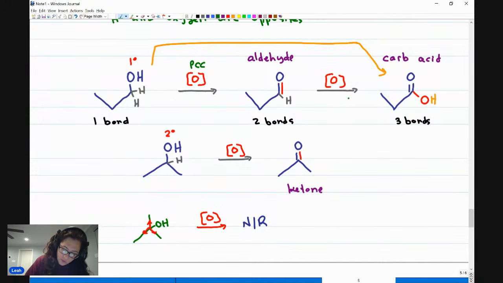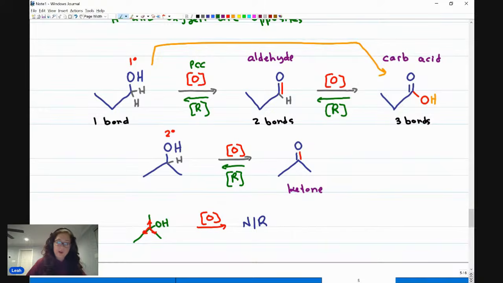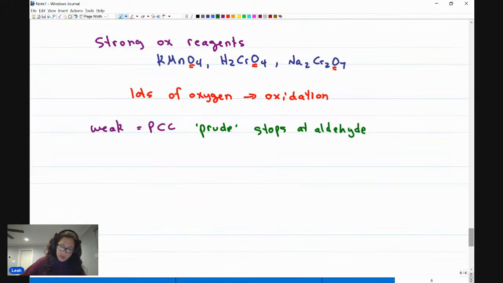If I do the reverse, that would be a reduction reaction. So I can reduce my carboxylic acid to an aldehyde. I can reduce my aldehyde to an alcohol, and I can also reduce the ketone to an alcohol. Since this is the alcohol chapter, let's specifically look at the reduction to get an alcohol.